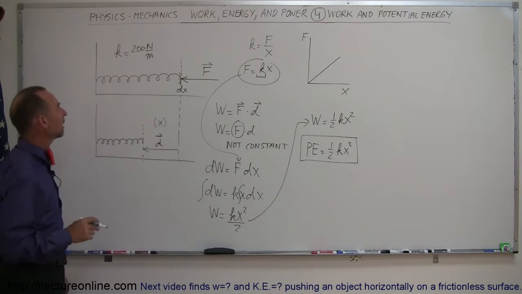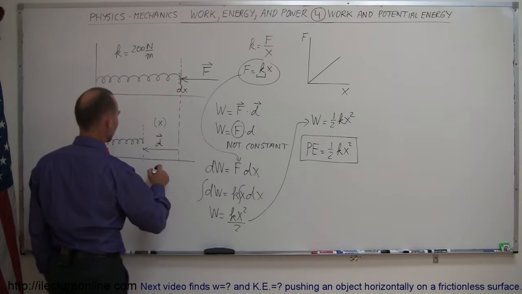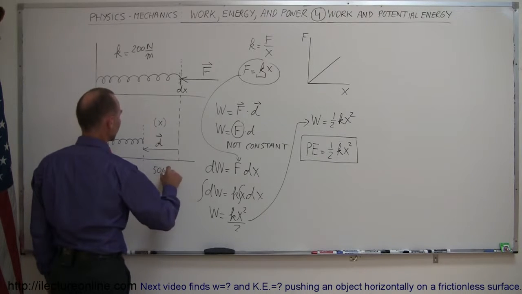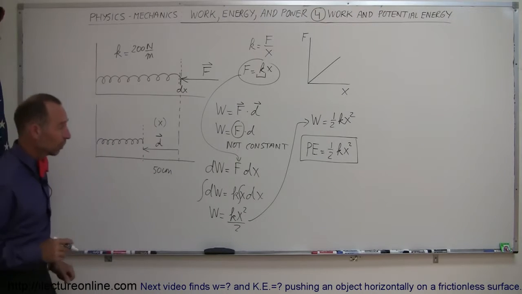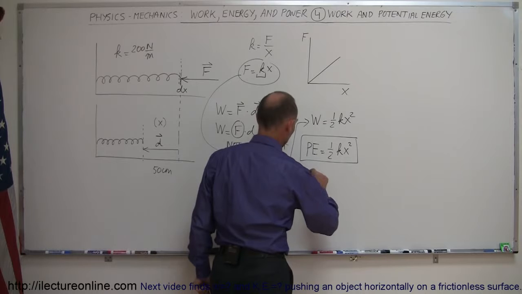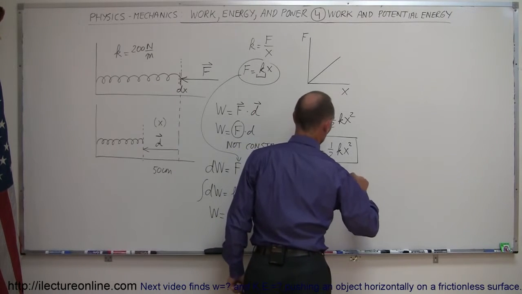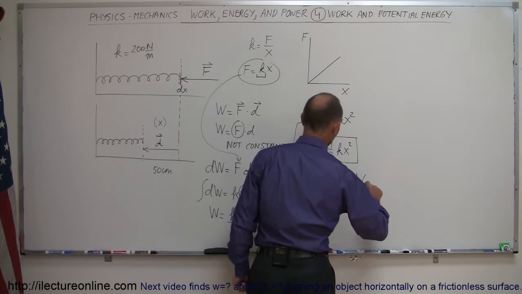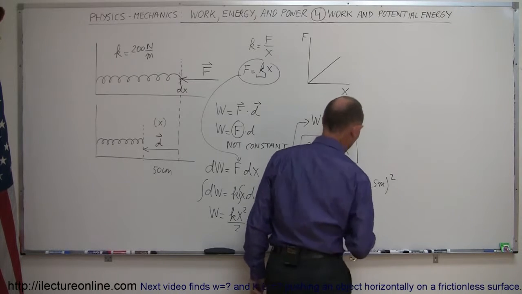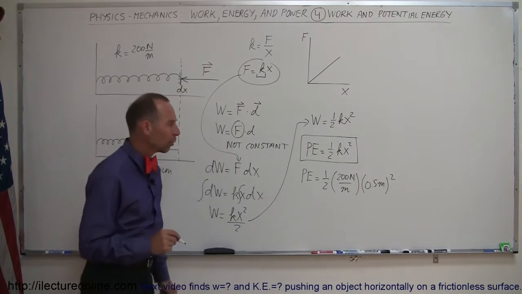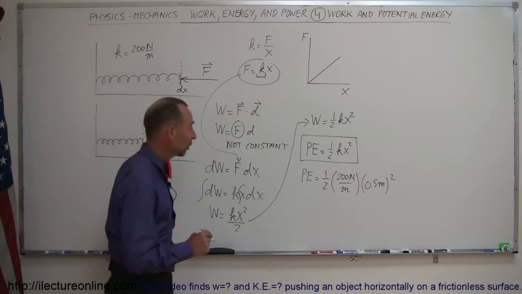Now, if we assume that k is 200 newtons per meter, and the displacement is 50 centimeters, which is 1/2 meter, let's find out how much energy is stored in that spring. The potential energy would be equal to 1/2 times k, which is 200 newtons per meter, times x squared, which is 0.5 meters squared. 0.5 squared is 0.25, divided by 2 is 1/8. 200 divided by 8 is 25.